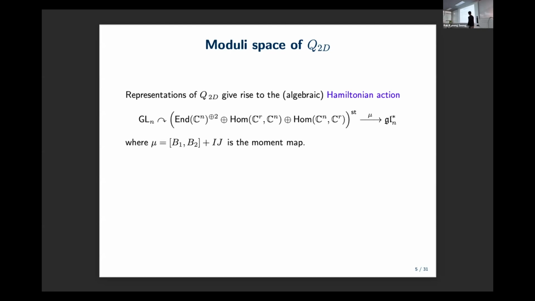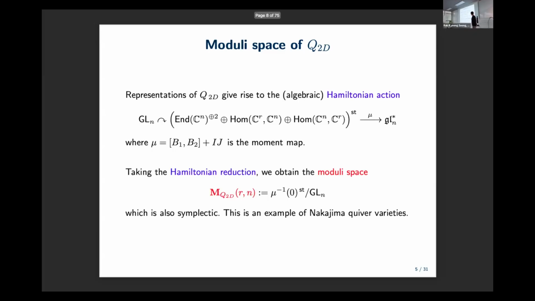Then the ADHM equation gives rise to a moment map, and this GL_N action is the equivalence relation that I just explained. When we have a Hamiltonian action, we often do the Hamiltonian reduction to get a symplectic quotient. And by doing so, we obtain a moduli space of representations of this ADHM quiver, Q of 2D. And this is again symplectic in an algebraic sense or holomorphic sense.